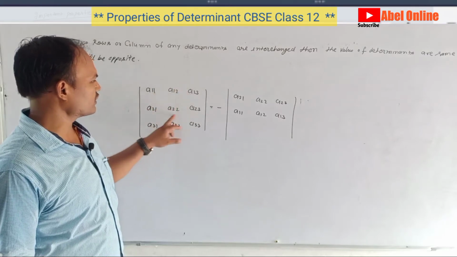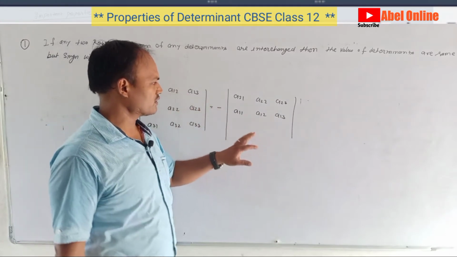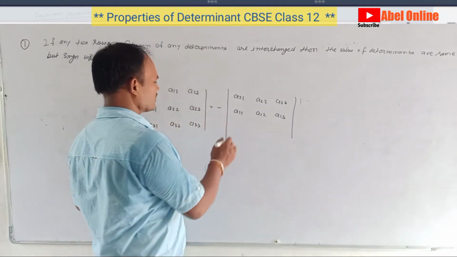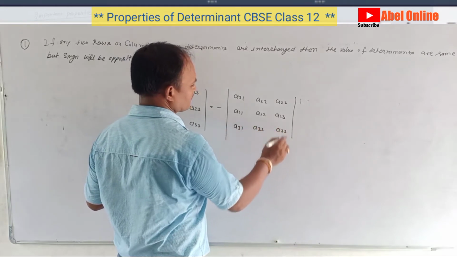You can see a21, a22, a23 is here and a11, a12, a13 is here. The third row is the same, a31, a32, a33.